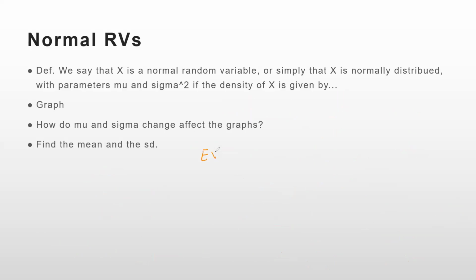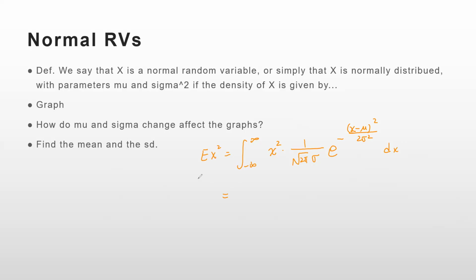So E of x squared equals the integral from negative infinity to infinity of x squared times 1 over the square root of 2 pi sigma e to the negative (x minus mu) squared over 2 sigma squared dx. Let's do a substitution.